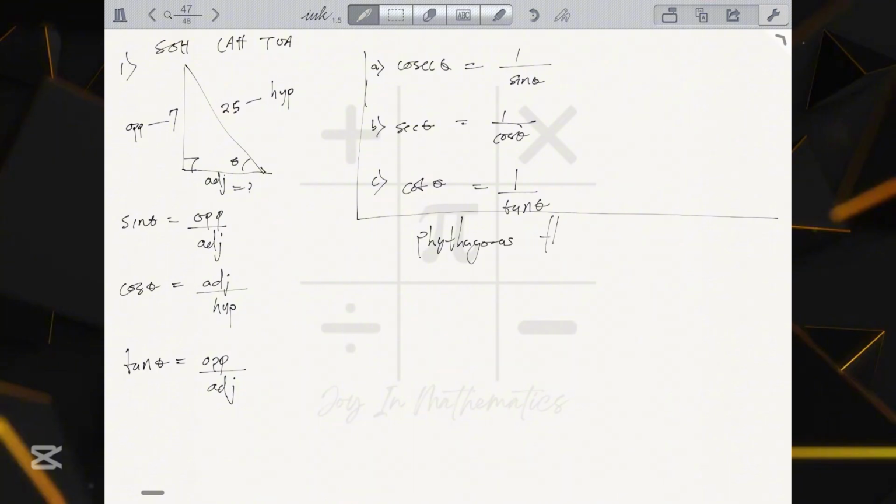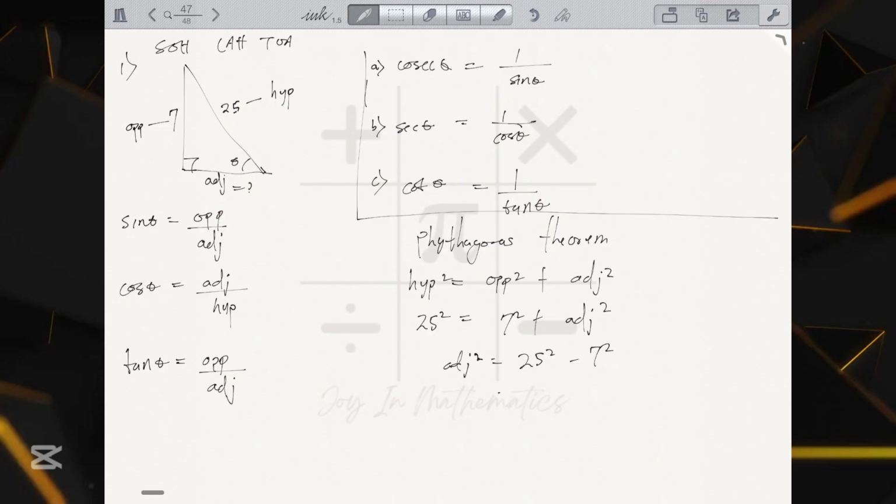Using Pythagoras theorem, the hypotenuse squared is equal to the opposite squared plus adjacent squared. The hypotenuse in the question is 25, so 25 squared. The opposite in this question is 7. The adjacent is what we are looking for. So making adjacent the subject of the formula, we will have 25 squared minus 7 squared.